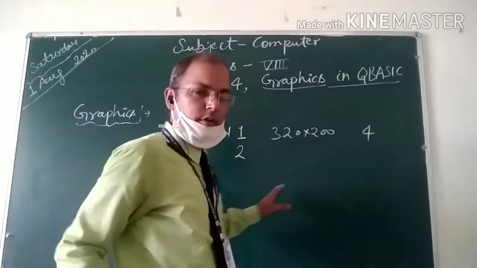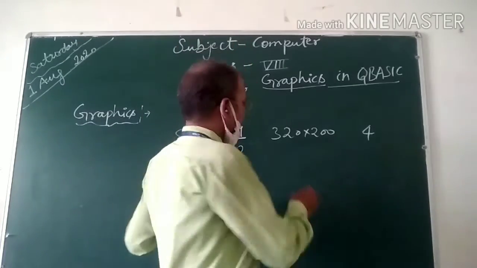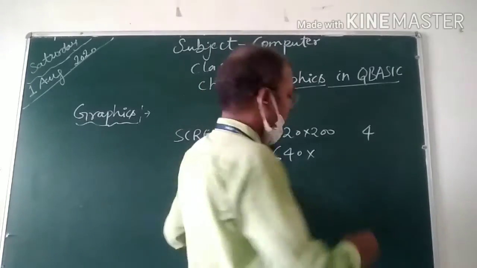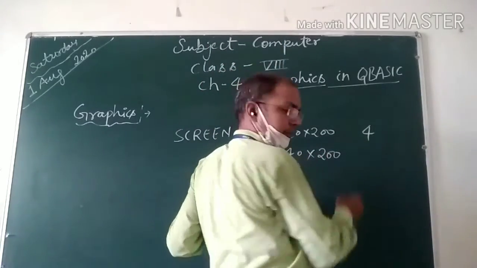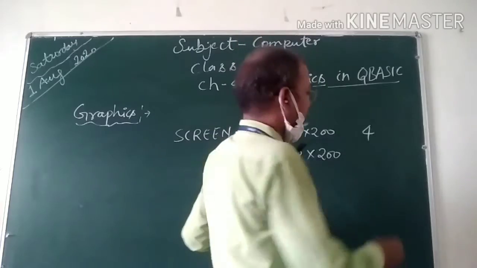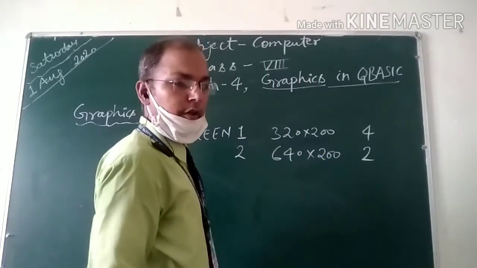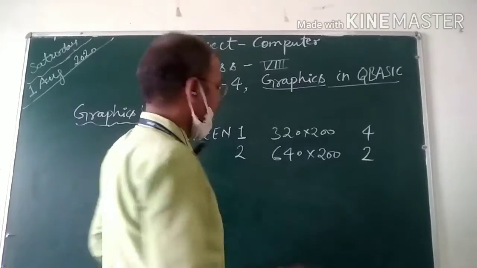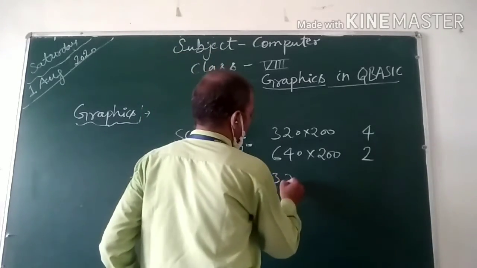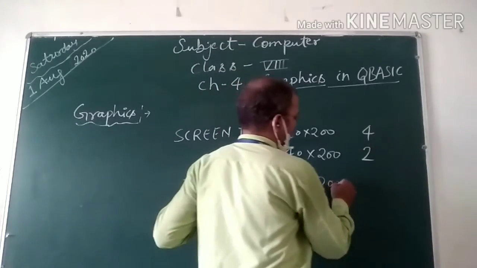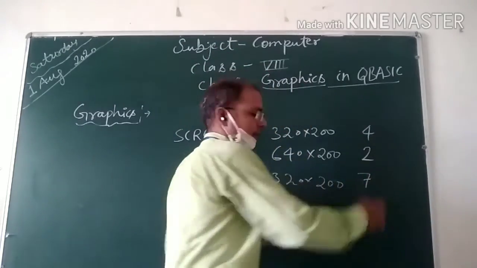Screen 2: 640 by 200, number of colors supported 2. Then 320 by 200 with color support 7.